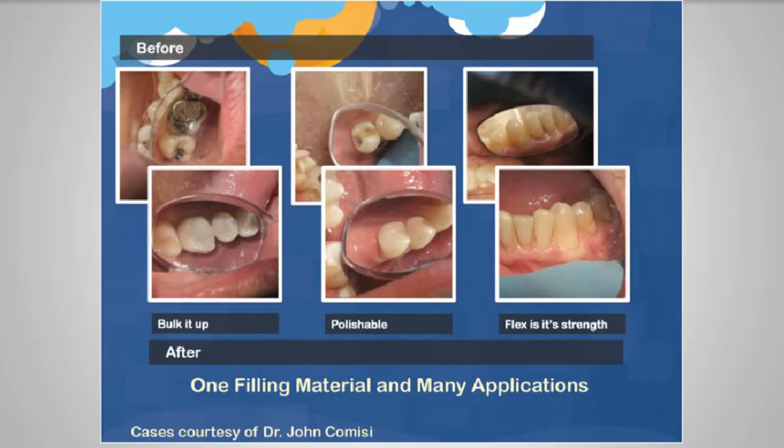Has Activa been around for 2 years? As Embrace? No, Embrace has actually been around for about 10 years or more. One of the interesting things about PulpDent is that they've been kind of a quiet company. Many of the private label materials that you use in your office are actually created by PulpDent.